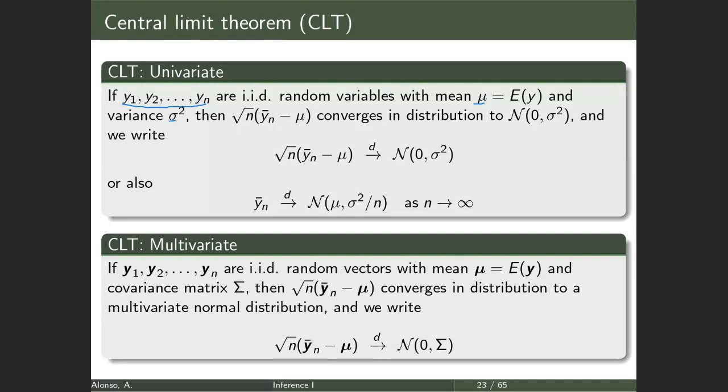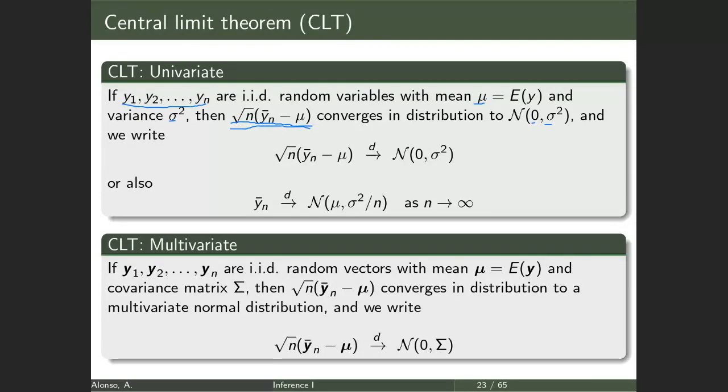And now we are going to construct this variable, the root of n times the sample mean minus mu. And you can prove mathematically that when your sample size increases, this new random variable follows a normal distribution with mean zero and variance sigma square, approximately. The larger your sample size, the better the approximation. And that's what we call the central limit theorem.